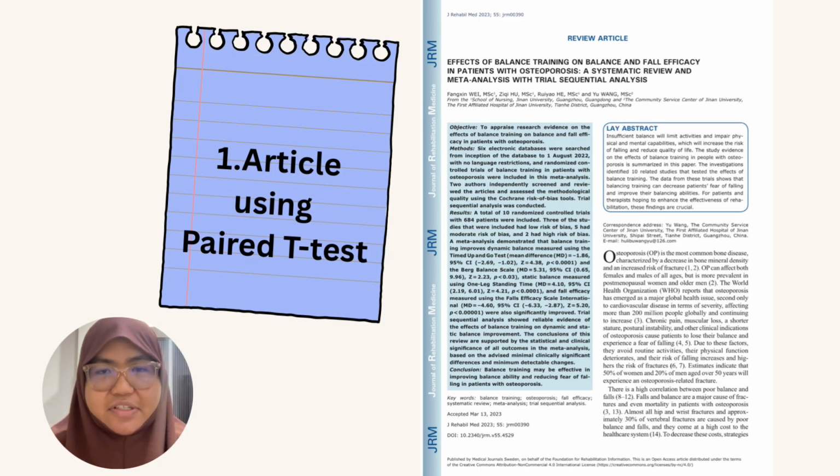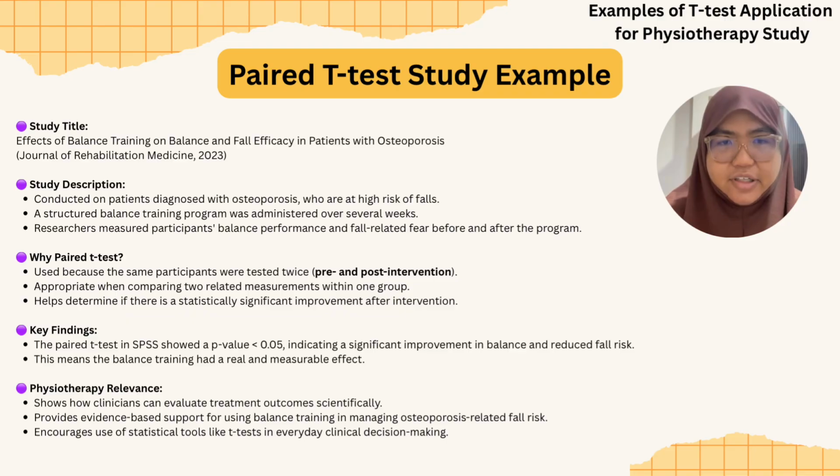Okay, this is the first article. It is using a paired t-test. This study is titled The Effects of Balance Training on Balance and Fall Efficacy in Patients with Osteoporosis. The researchers conducted a balance training program for osteoporosis patients who are at a high risk of falling. They measured balance performance and fall-related fear before and after the program.